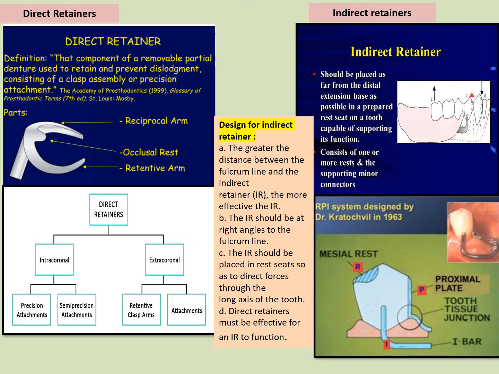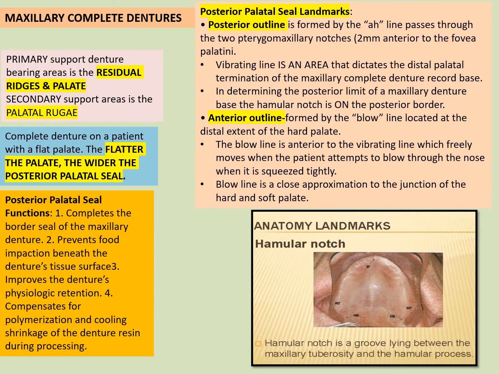So they will push the prosthesis more mesially and gingivally. That will eliminate the pump handle effect. That's a very important effect that you can go through further in my notes. This is the RPI design.